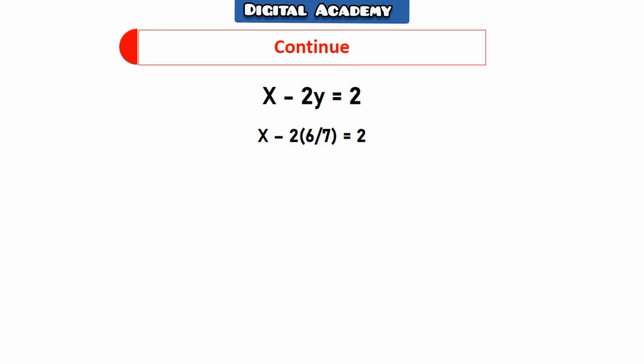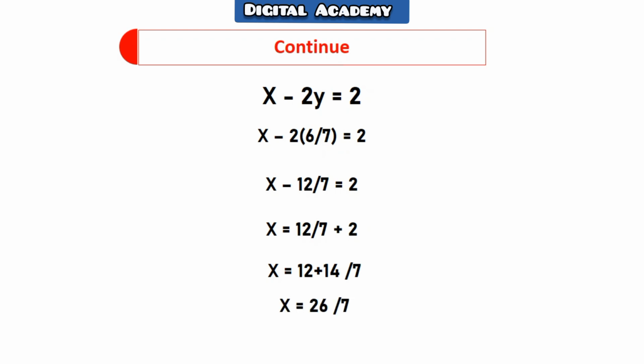Solve for x. x minus 12 divided by 7 equals 2. x equals 2 plus 12 by 7. Take the LCM. We get x equals 14 plus 12 by 7. Hence, x equals 26 by 7. The solution is x equals 26 by 7 and y equals 6 by 7.